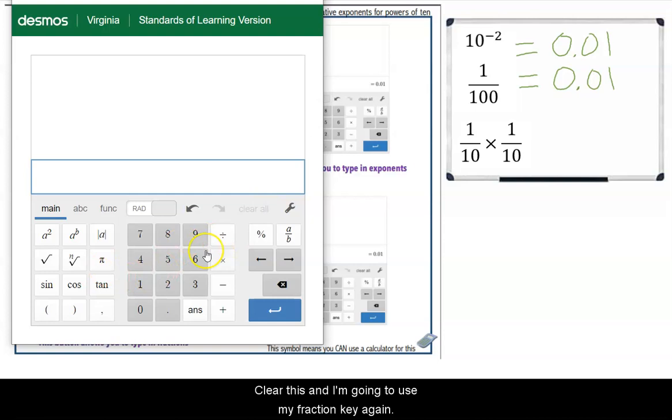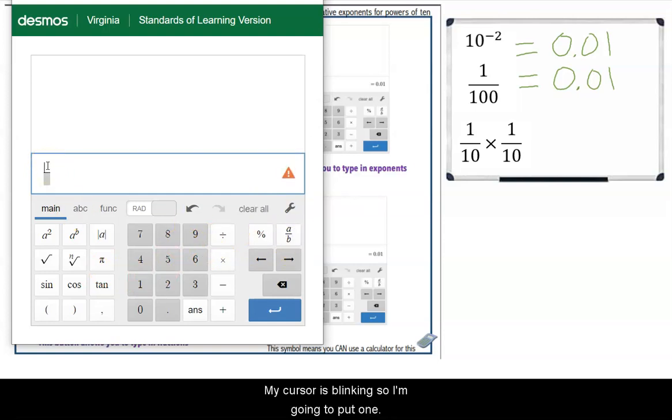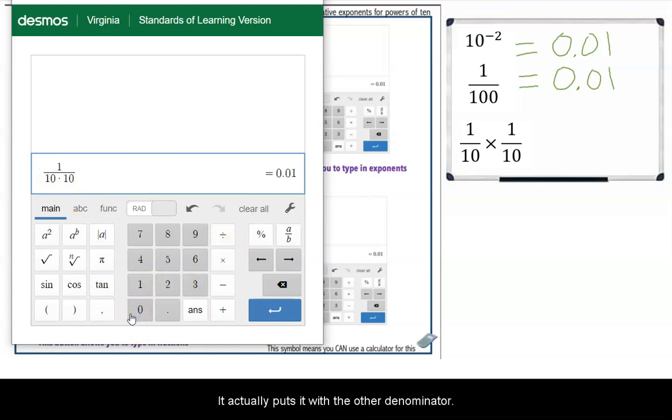I'm going to clear this, and I'm going to use my fraction key again. My cursor is blinking, so I'm going to put 1 on top, and I have to click there, over 10. Now, before you continue with the times 1/10, you have to actually click away from the fraction. If you don't, I'll show you. If you stay there and you try to put that 10, it actually puts it with the other denominator.